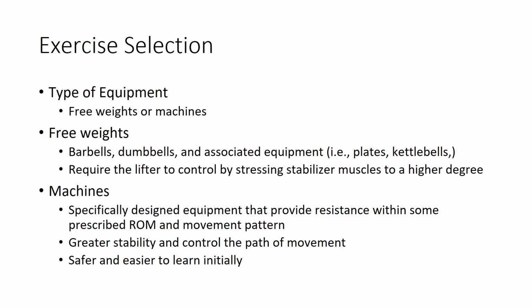So if you're lacking certain equipment, this may necessitate selecting certain exercises that are not as sport specific. So you have to consider that. It might take some improvisation whenever you are selecting these exercises, and this is based off of what is available within the resistance training room.